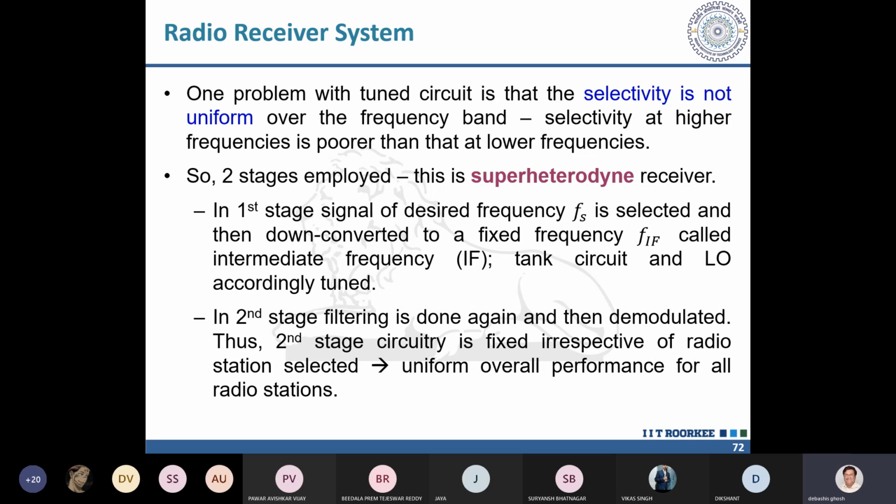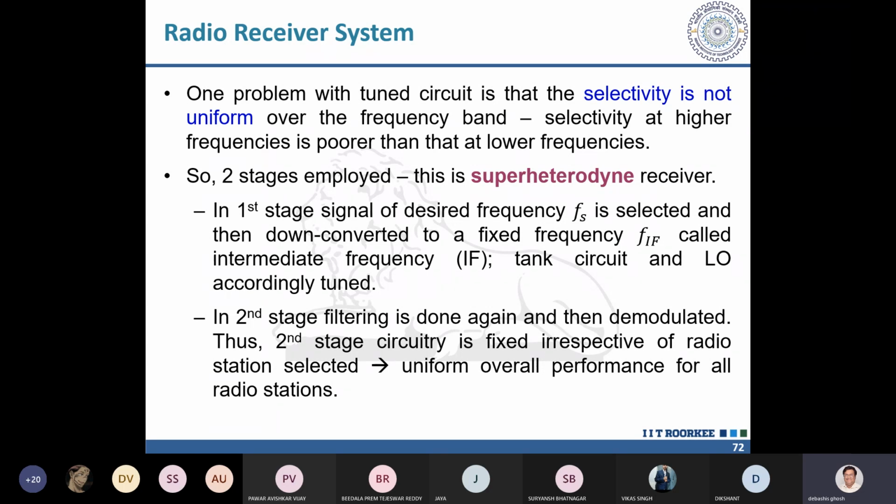Now, when I am operating one receiver over many channels, for a lower frequency channel my signal quality will be good because there the selectivity is good. But when I am trying to receive a signal for a higher frequency channel, my selectivity is bad, the signal quality is bad. So I am not having uniform performance. The performance over different channels is not uniform. My receiver is good only for lower frequency channels.